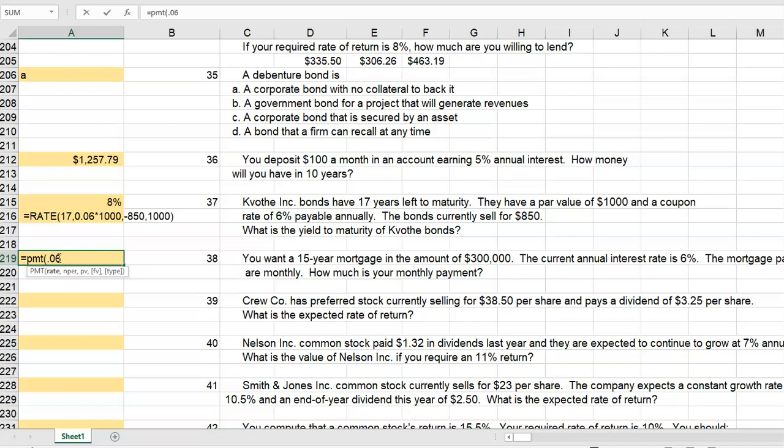But that's an annual interest rate. So if I want to know each month, I divide it by 12. 15-year mortgage, but I'm working in months, so I have to have times 12 months. Present value. I want $300,000. So I want to be given $300,000.